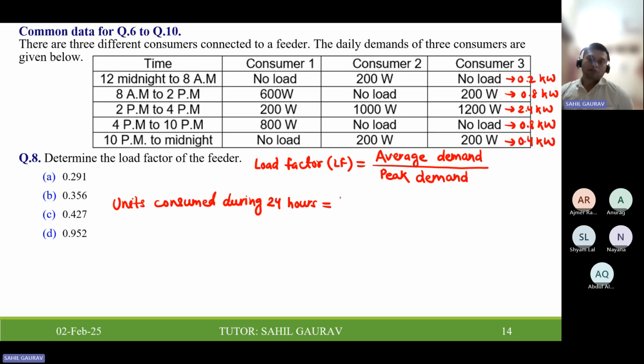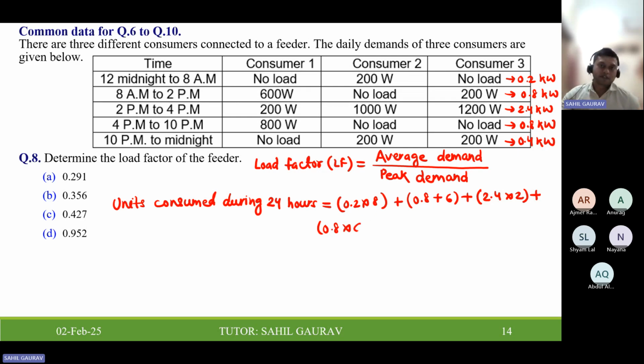So 0.2 kilowatt is for 8 hours, and 0.8 kilowatt is for 8 a.m. to 2 p.m., that means 6 hours, and 2.4 kilowatt is for 2 hours, and 0.8 kilowatt is for 4 p.m. to 10 p.m., that is for 6 hours, and then 0.4 kilowatt is for 10 p.m. to midnight, that is for 2 hours. So you will get 16.8 kilowatt hour. So we got units consumed during 24 hours. Now we can find the average demand.